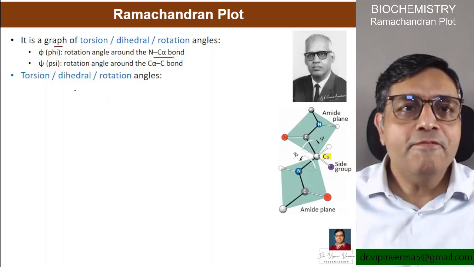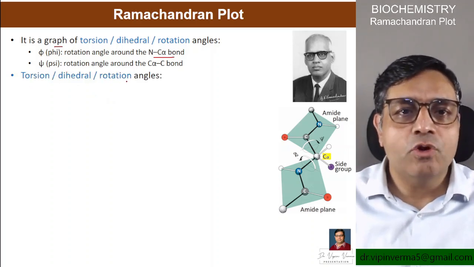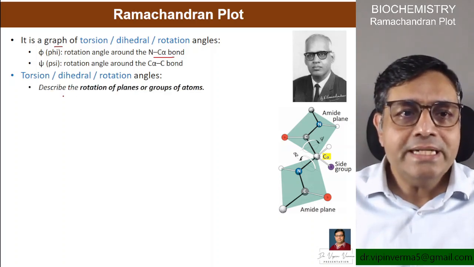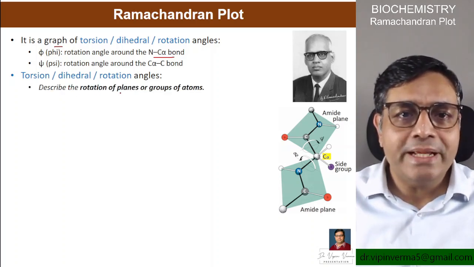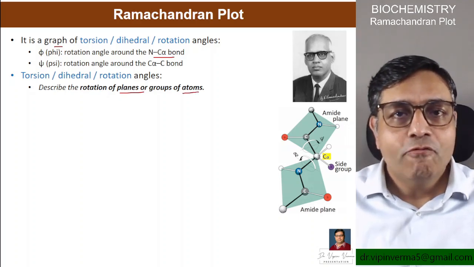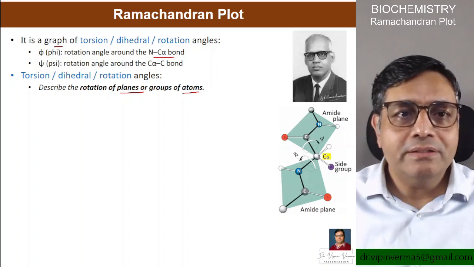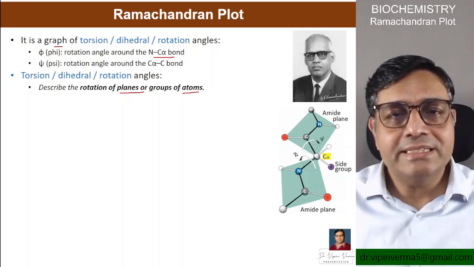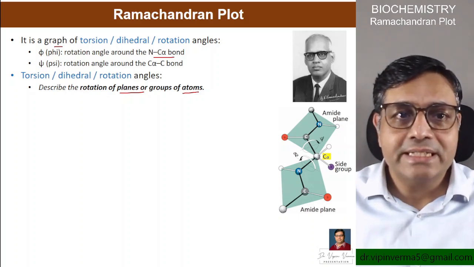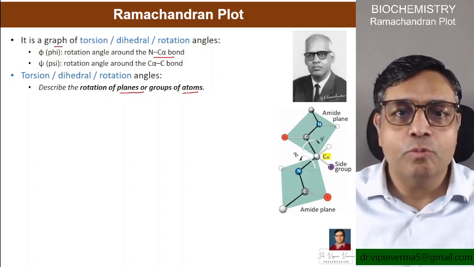Now, if you ask what are torsion or dihedral or rotation angles, for those who don't know, they describe the rotation of planes or a group of atoms. While the bond angle describes only the bond between the two atoms, here they describe the rotation of the planes or a group of atoms.